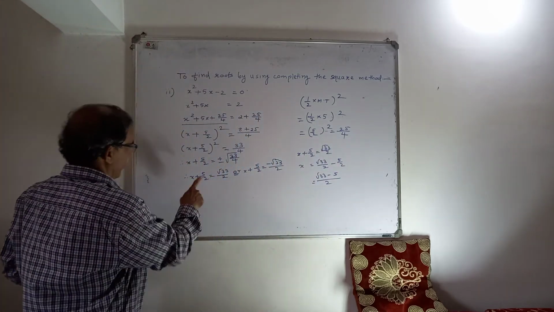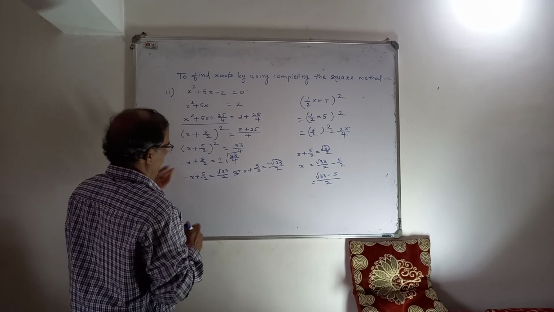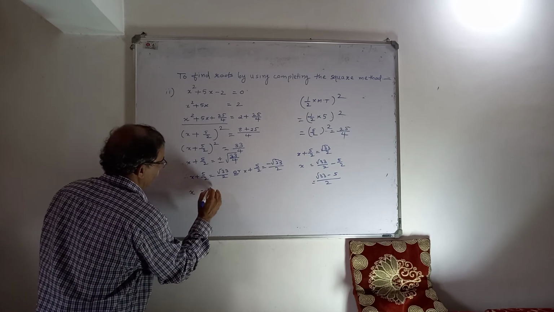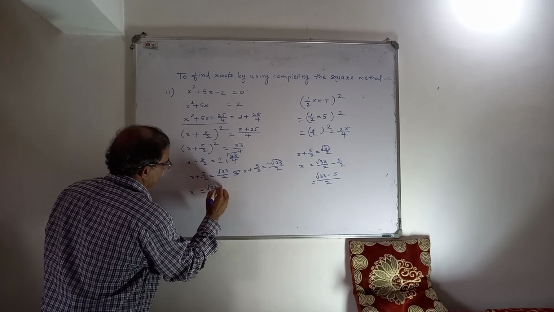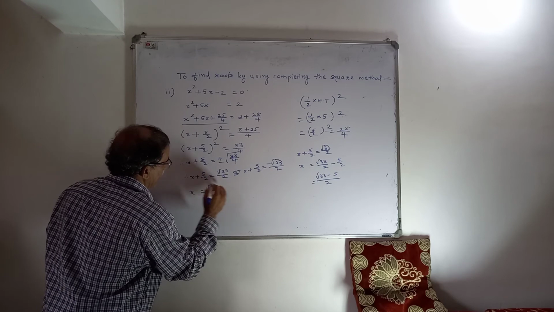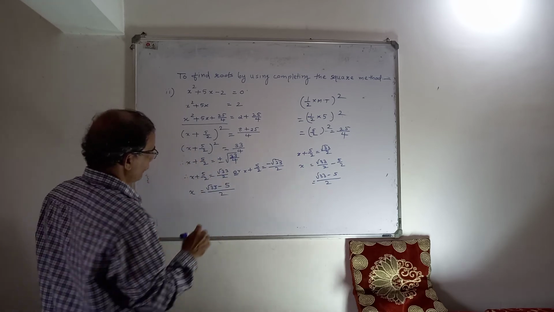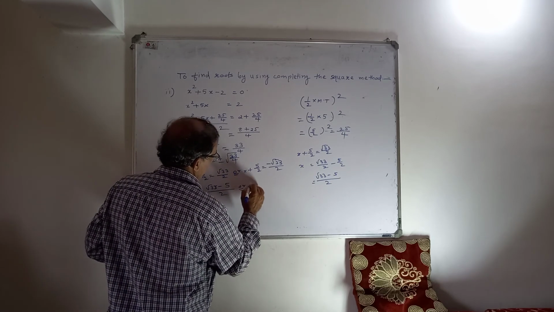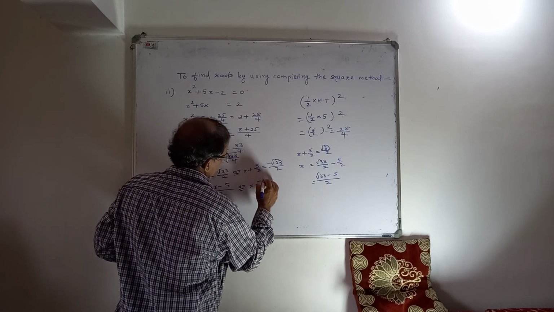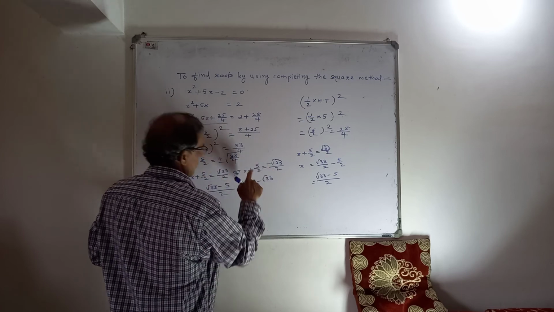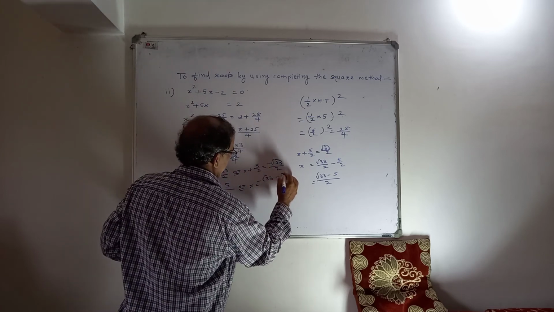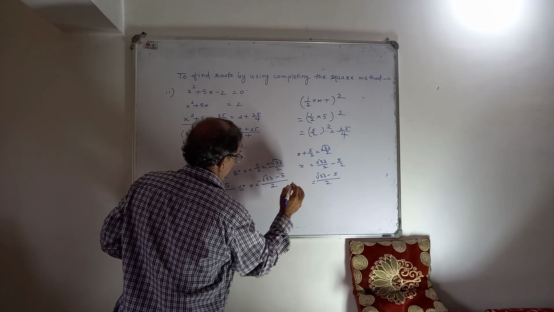So now here upon 2, let us straightaway write x is equal to (root of 33 minus 5) whole upon 2, or x is equal to minus root 33, this plus 5 will be minus 5, whole upon 2.